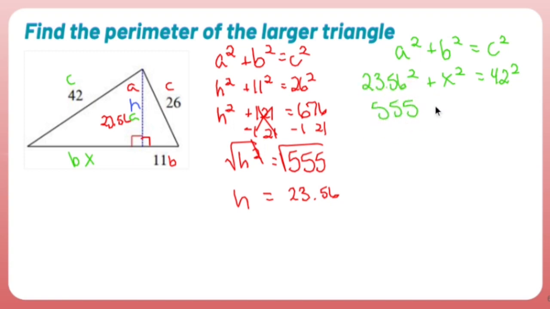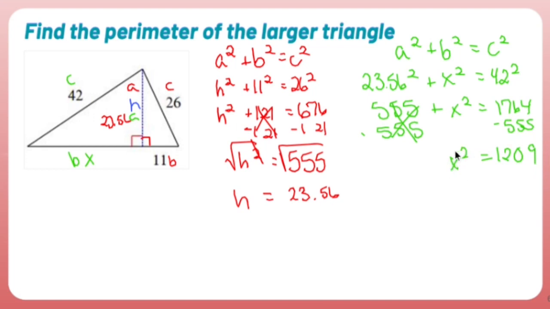Plus x squared is going to equal 42 squared, which is 1,764. Subtract 555 from both sides, and you're looking at 9. Carry the 1, make that a 2. 1209, gross, is equal to x squared.